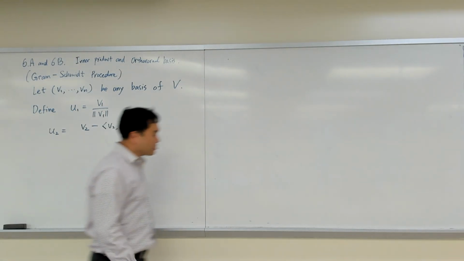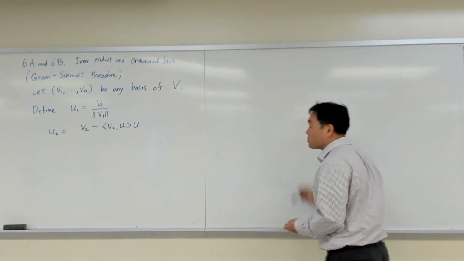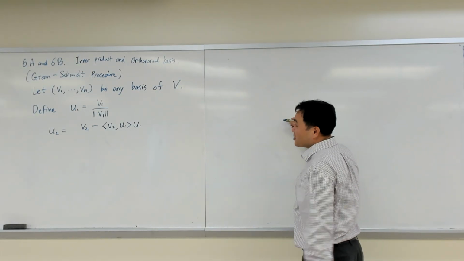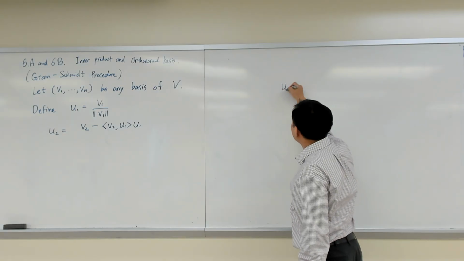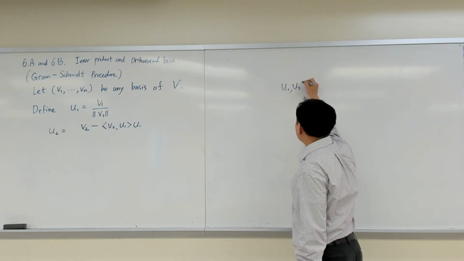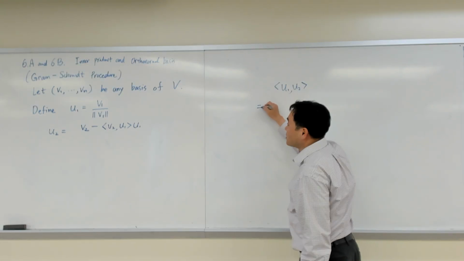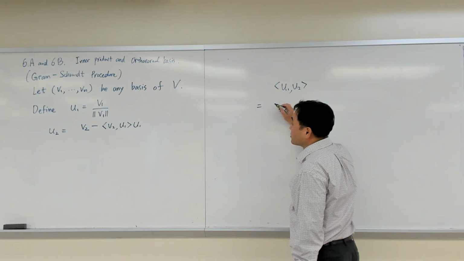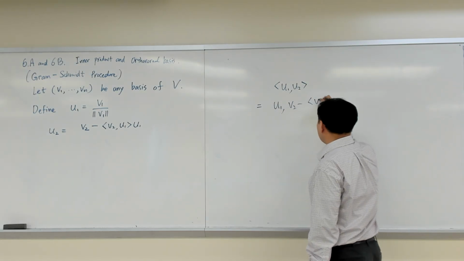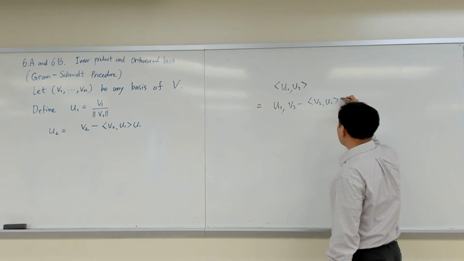and since we're not even starting the proof, I shouldn't be doing this, but just quickly, let's see what happens if I do U1 inner product U2. Well, by definition, this is going to be U1 V2 minus V2 comma U1 U1.